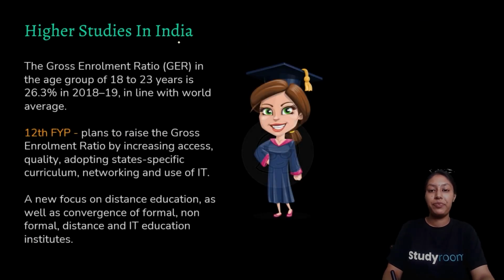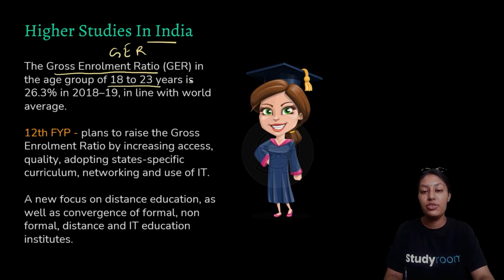Next topic here is higher studies in India. Now, we understand that our government focuses on elementary education, but higher education is also very, very important. So, let's understand higher studies in India. Gross enrollment ratio, GER, is very, very important. GER is for the age group of 18 to 23 years.